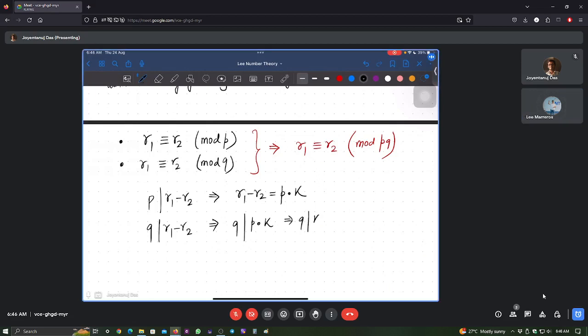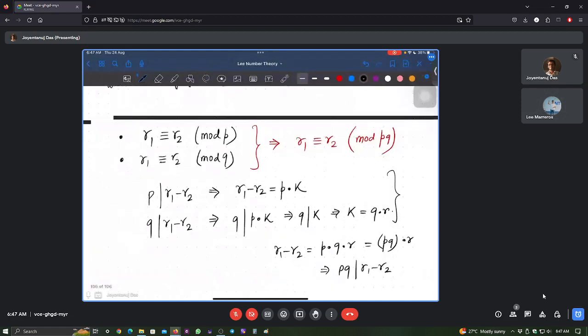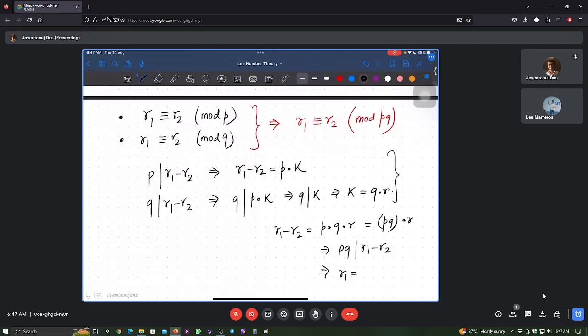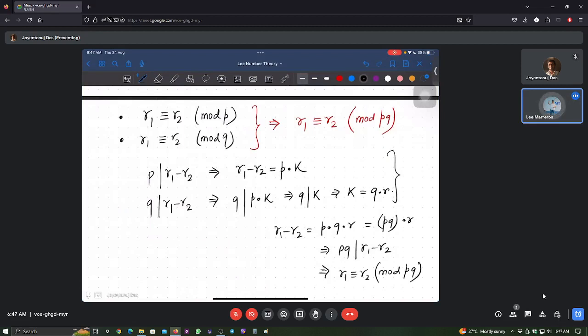Q cannot divide P. So K equals some Q times some R. So R1 minus R2 equals P times K, which is PQ times R. So PQ must divide R1 minus R2.